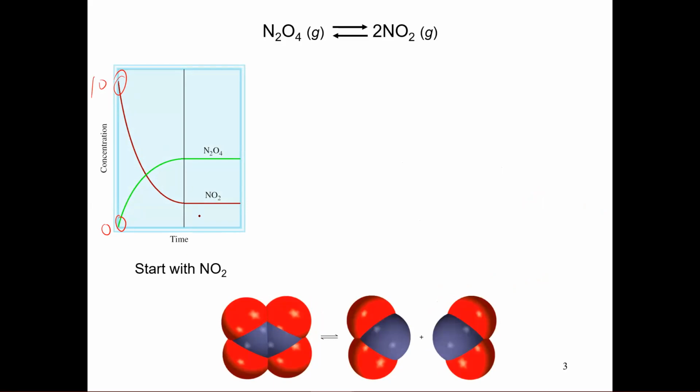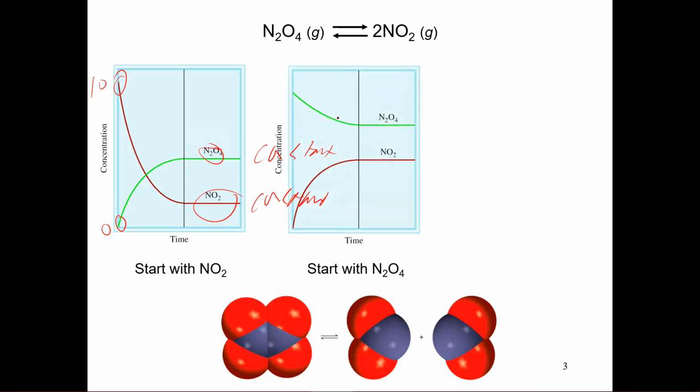After a certain amount of time, this remains constant, and this remains constant too, because the reaction is going in both directions. That is called the equilibrium state. And if you start with N2O4, it'll go the other way, and essentially you'll get this constant and this constant.